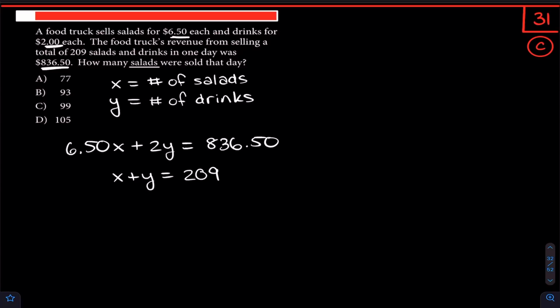You can solve this with the elimination method. Personally, I'm going to solve this with the substitution method, and I'm going to start by solving for y. So I'm going to subtract x on both sides here. I'll solve for y in this equation, and then we'll plug that into the y in the other equation. Subtracting x on both sides, I get that y is equal to 209 minus x, which I'll write as negative x plus 209.